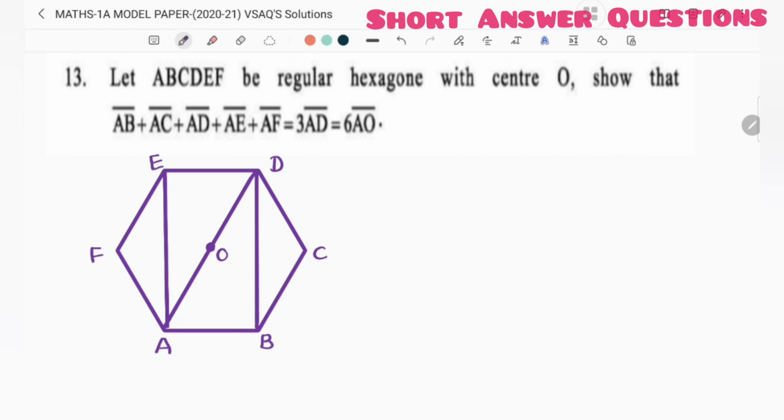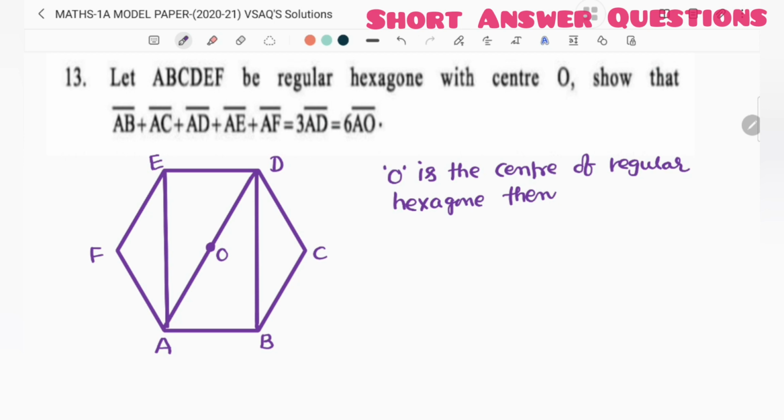Before that one important point, O is the center of a regular hexagon, and also midpoint of AD we are observing. Why? Because in the answer 3AD, 6AO is there, no?